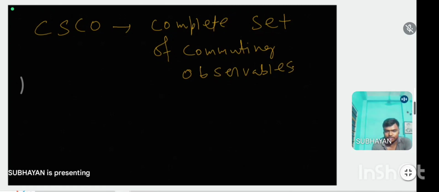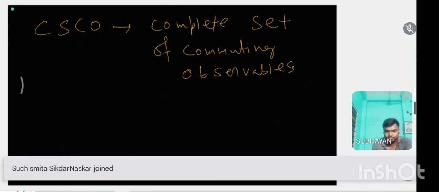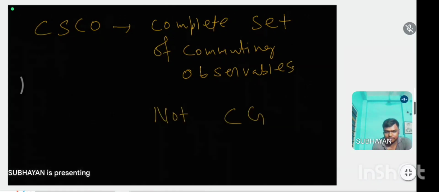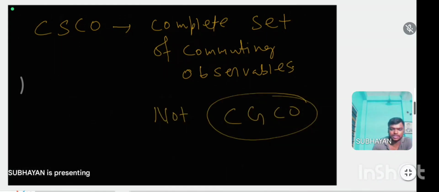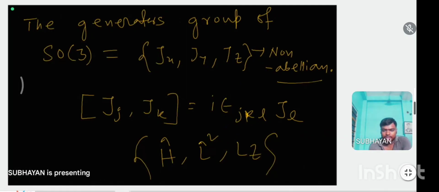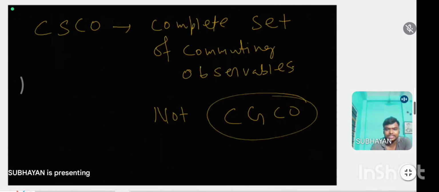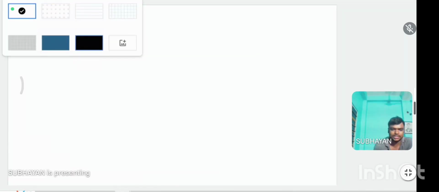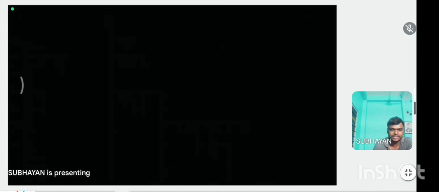So not CGCO, this is CSCO. Okay. So these are the generator group of SO3. They are non-abelian. And this particular form of non-commutation, that means this particular form of non-abelian groups, are known as Lie groups. These are Lie groups.